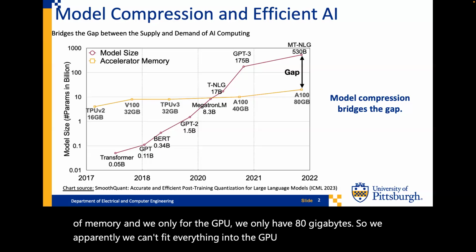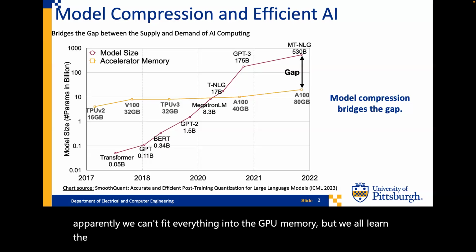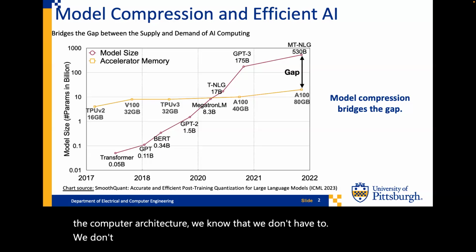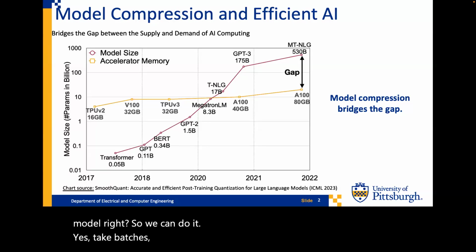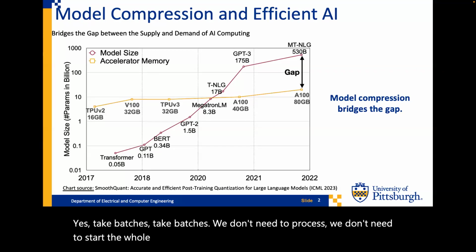But we all learned computer architecture. We know that we don't have to store everything in the GPU memory to run the model, right? Take batches. We don't need to store the whole model in memory.